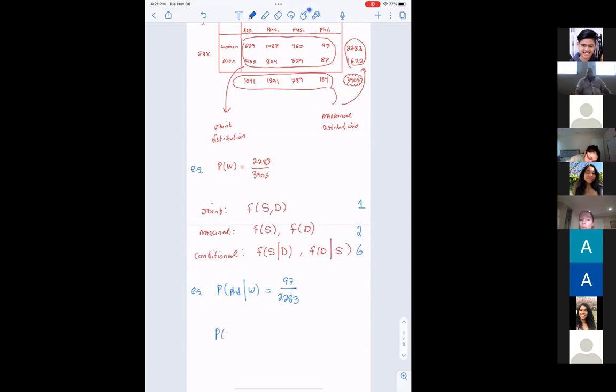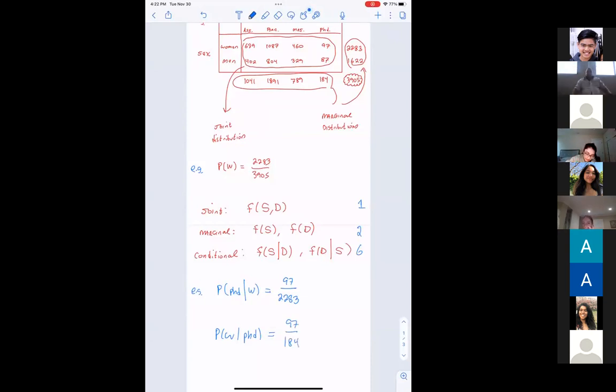What's the probability of being a woman given that the person got a PhD? In fractional form. Yes, 97 over 184.